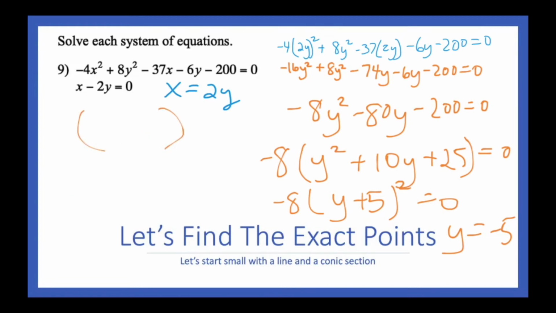We have found a y value of negative 5, but we must find our x value. The best place to plug it in is right there. We're going to plug that negative 5 in for that y, and we're going to get negative 10. We have found an ordered pair where they cross. Let's go to the next one.